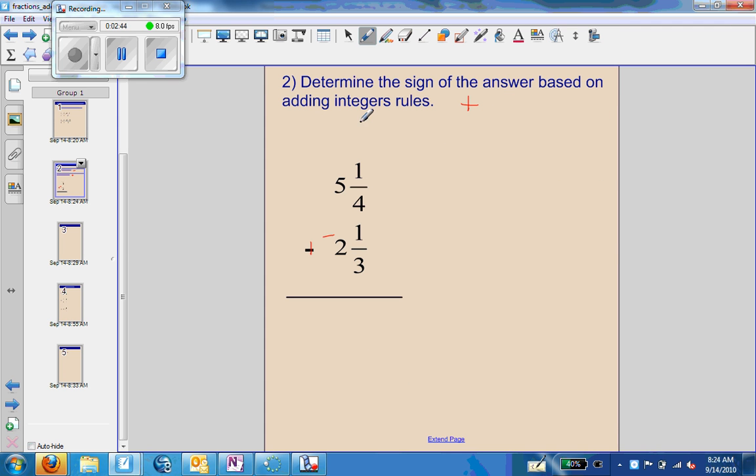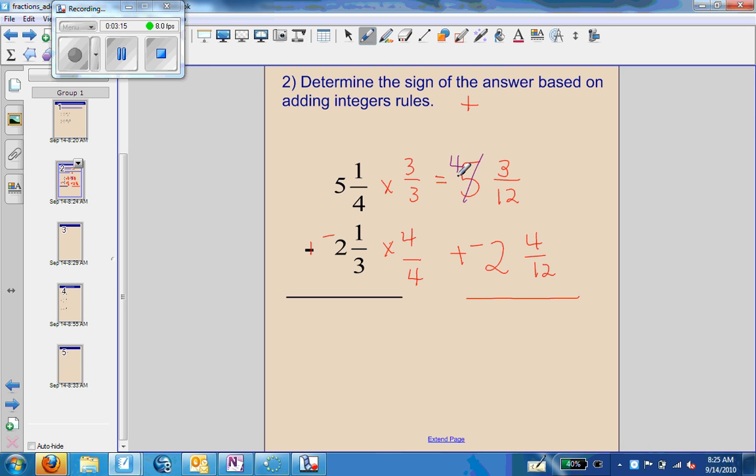Now I'm just going to approach this as a regular problem. I'm going to get my common denominator. I'm going to multiply by 3 over 3 in my first fraction and multiply by 4 over 4 in my second fraction. In doing so, I end up with 5 3/12 minus 2 4/12. I'm going to have to borrow.